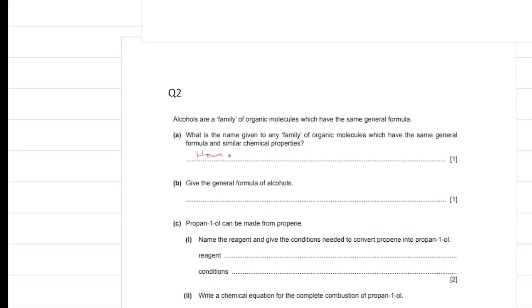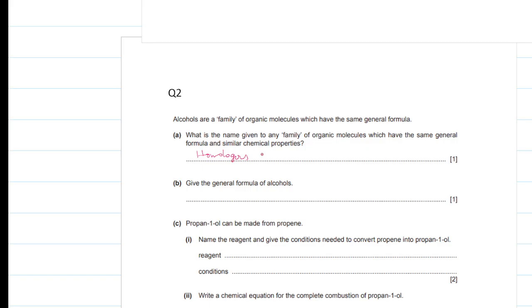Why do we call it homologous series? Because all the members of the alcohols, like methanol, propanol, butanol, these all are part of the homologous series because they belong to one family, that is the alcohol family.